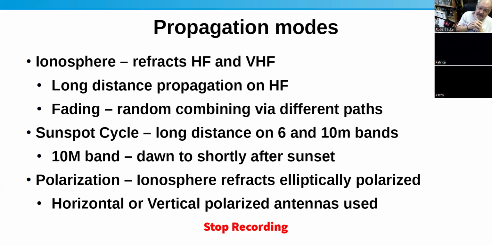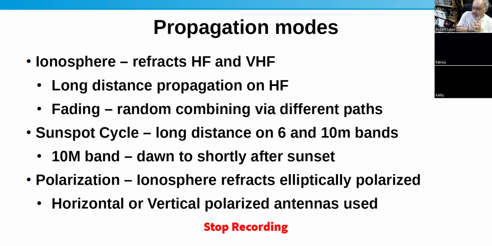As I mentioned before on polarization, when we're talking about signals that are refracted off the ionosphere, there's this magic that happens, and it converts them into an elliptically polarized signal as opposed to being horizontal or vertical.